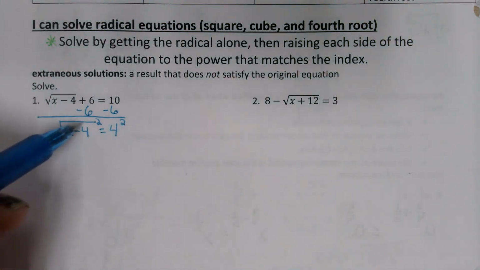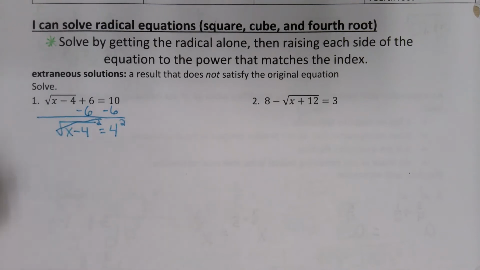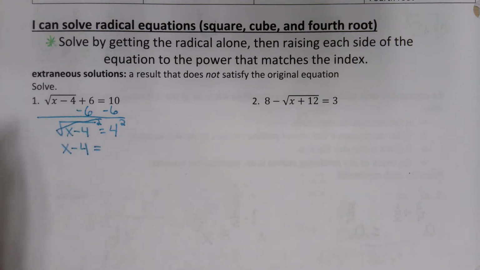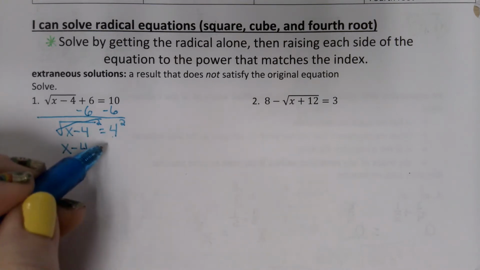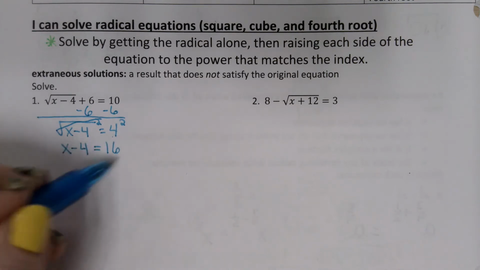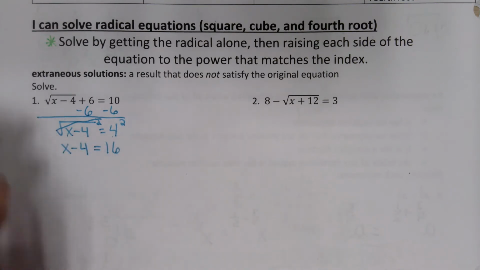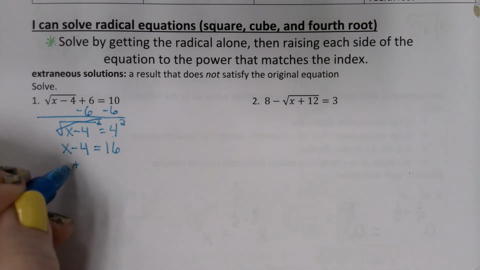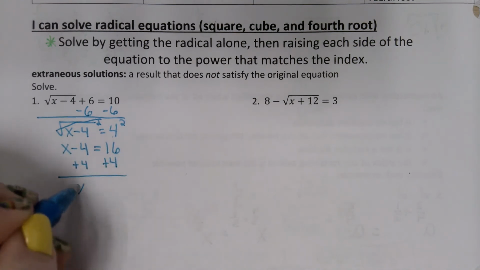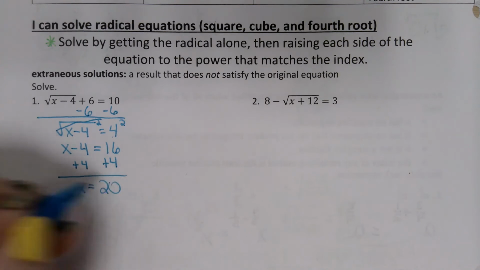When you square both sides, the square will cancel out the radical and leave me with just what's underneath. And then 4 squared is 16. Now we have a simple one-step equation to solve. So we'll add 4 to both sides, and we get that x is equal to 20.